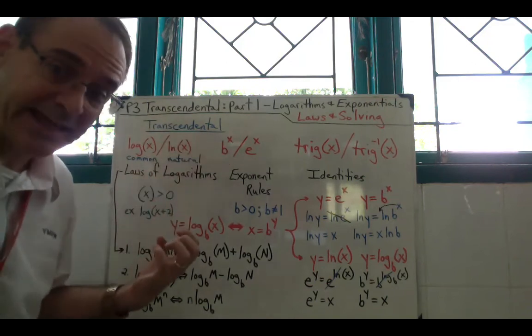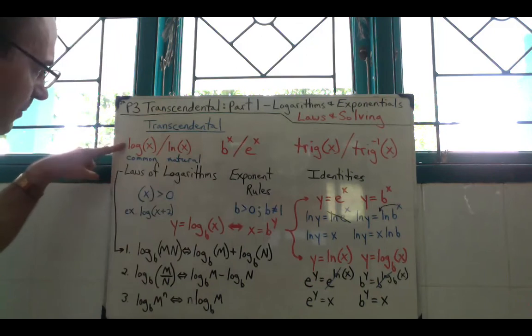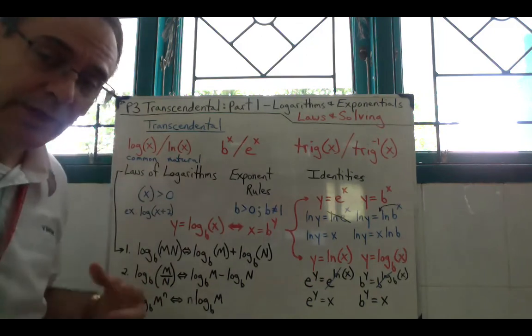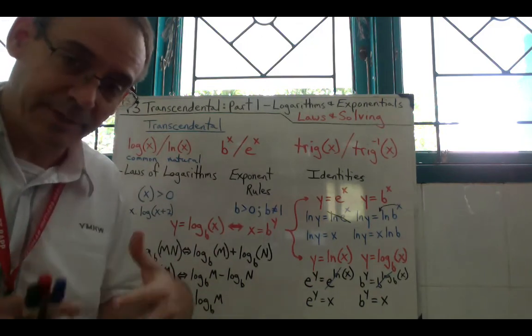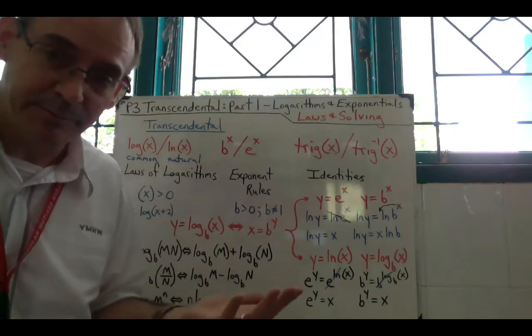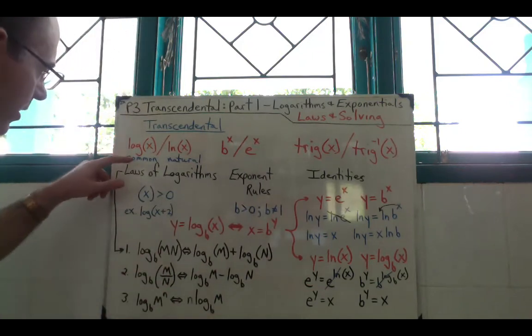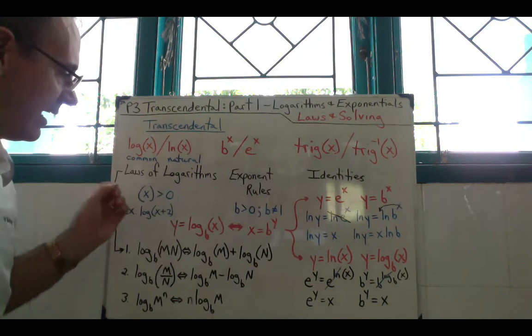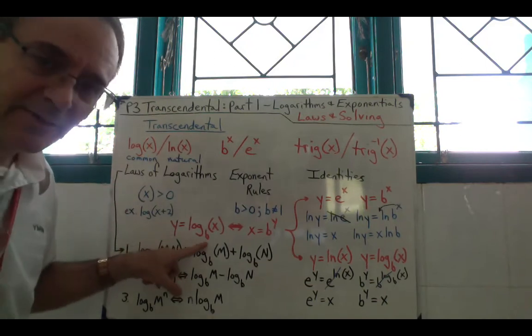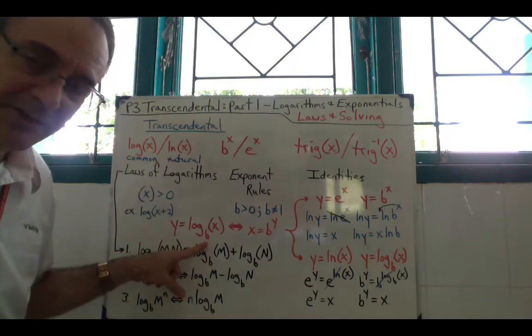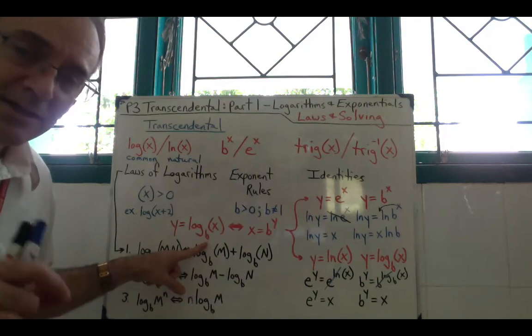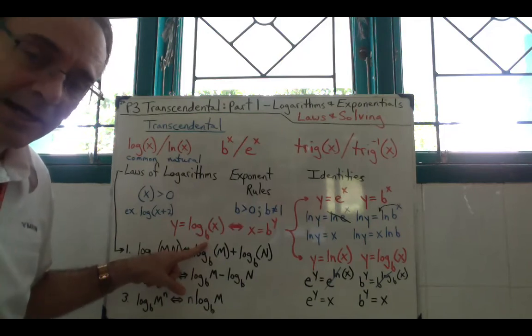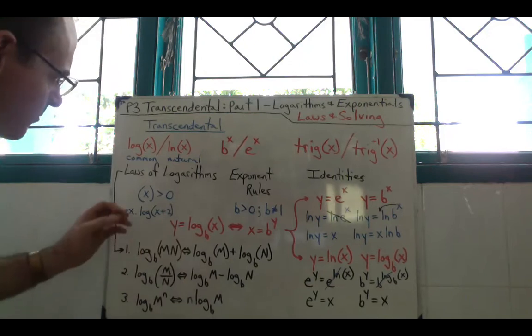The base is 10. If the base is 10, we call it the common logarithm because we count in base 10, and you don't have to write what that base value is. If there's no number written, then it's automatically a 10.